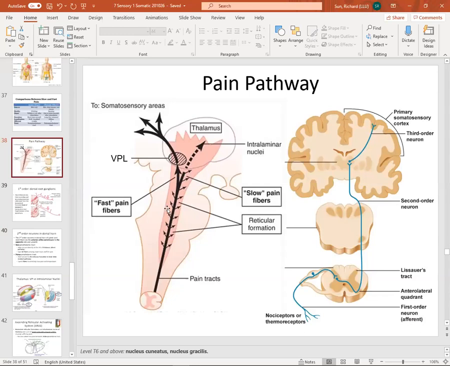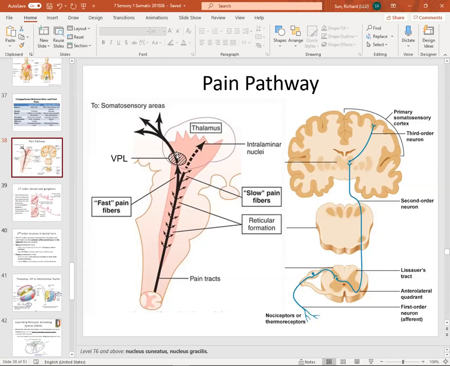Instead, they stop here. And from here, it will project into the intralaminar nucleus in the thalamus. So in the thalamus, we have two regions to process pain signal. One is the ventral posterolateral nucleus.